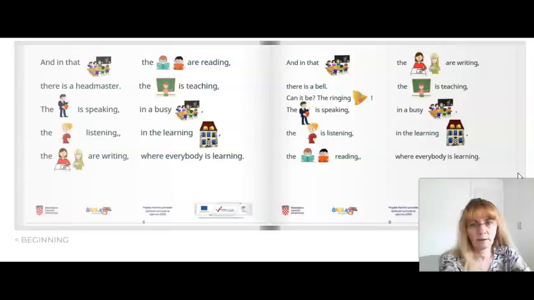And in that class, there is a bell. Can it be the ringing bell? The headmaster is speaking. The class teacher is listening. The boys are reading. The girls are writing. The teacher is teaching. In a busy class, in the learning school, where everybody is learning.